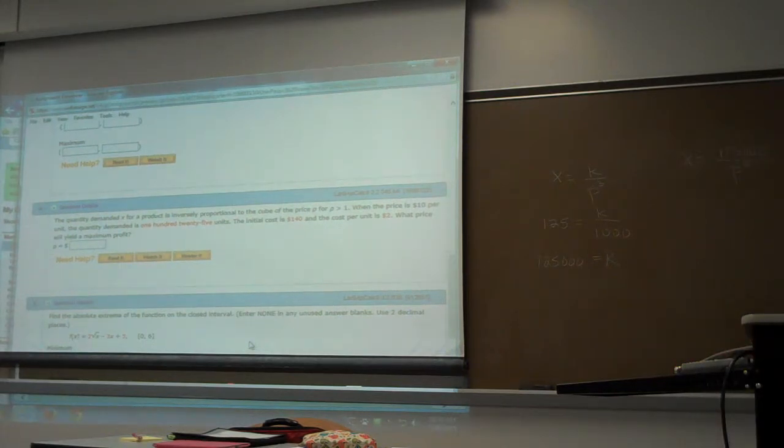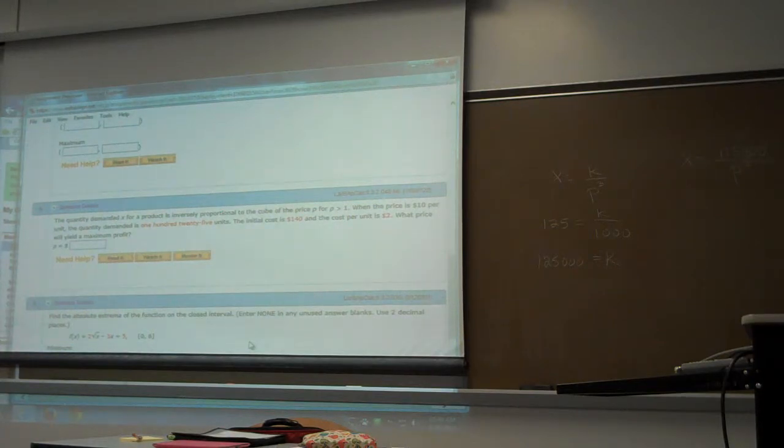X equals 125,000 over p cubed. But I'm supposed to maximize profit. How do I get from there to profit? What are the steps that I have to follow to get to profit?